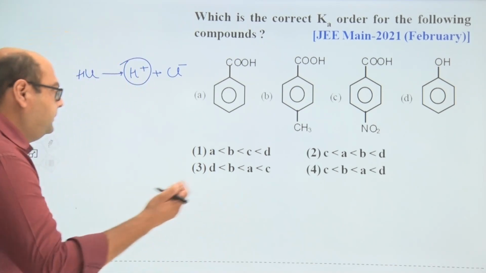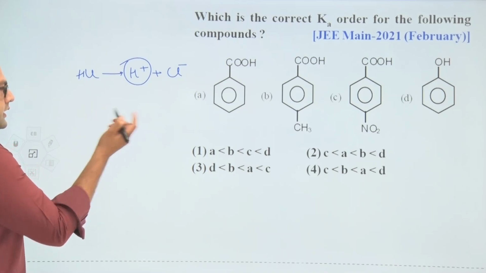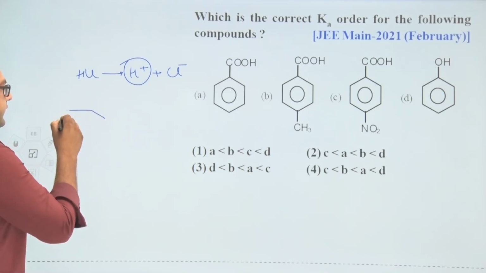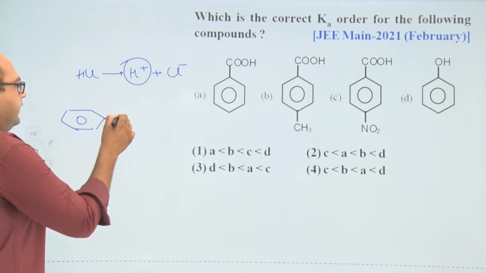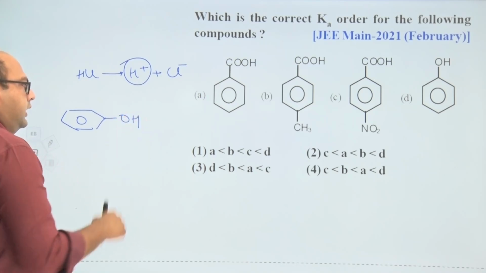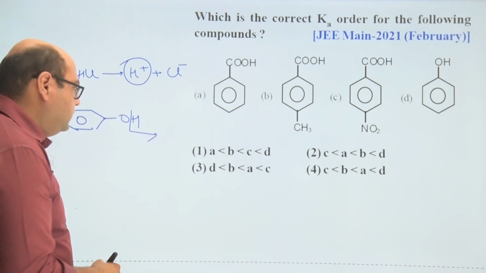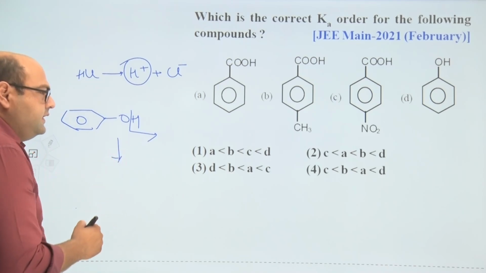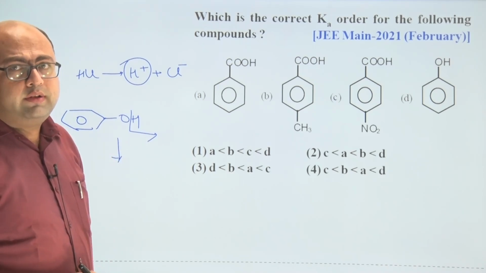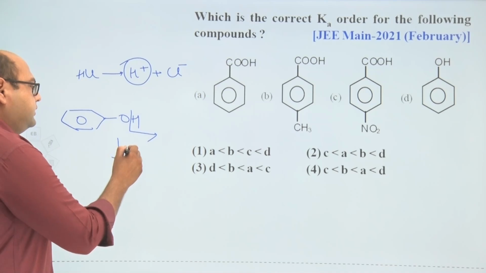ion. For example, if any acid is there, let's consider phenol. It is a very weak acid, though we can take it here. In phenol, if this H ion is lost, then we will say that this phenol is showing the acidic strength here because it can lose H plus ion.